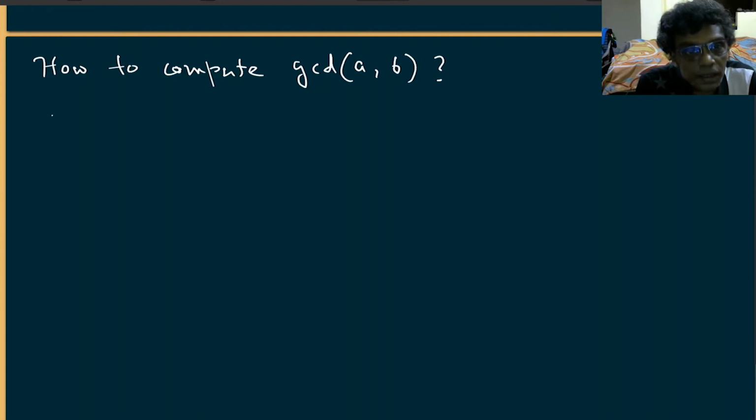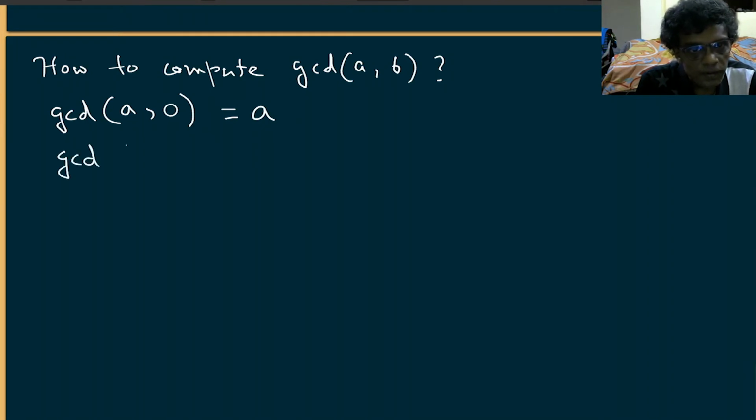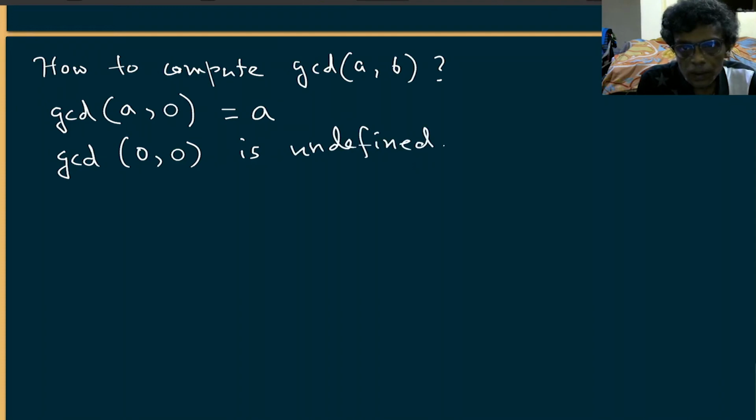Okay, incidentally, I also mention that GCD of A and 0 for any positive integer A is taken as A for obvious reasons, whereas GCD of 0, 0 is undefined. Because every integer divides 0, and therefore if I want to maximize over them, there is no upper bound. 1 divides 0, 2 divides 0, 3 divides 0, 4 divides 0. So any positive integer is a common divisor of this 0 and this 0. Therefore, the greatest of them makes no sense. So this is kept undefined.